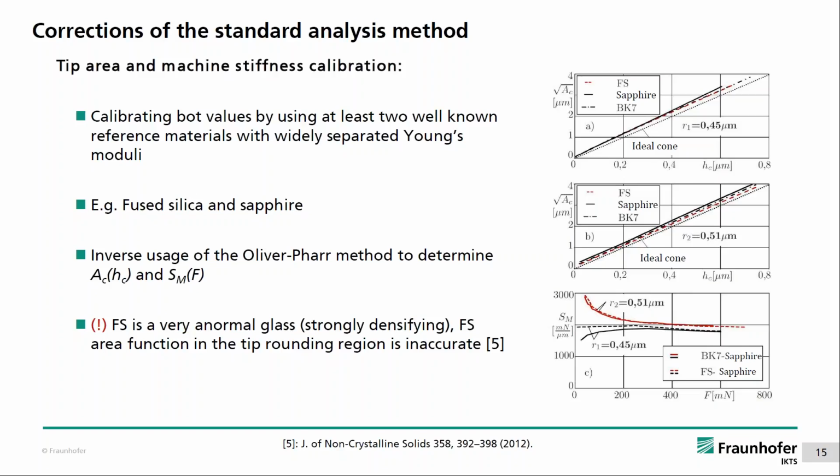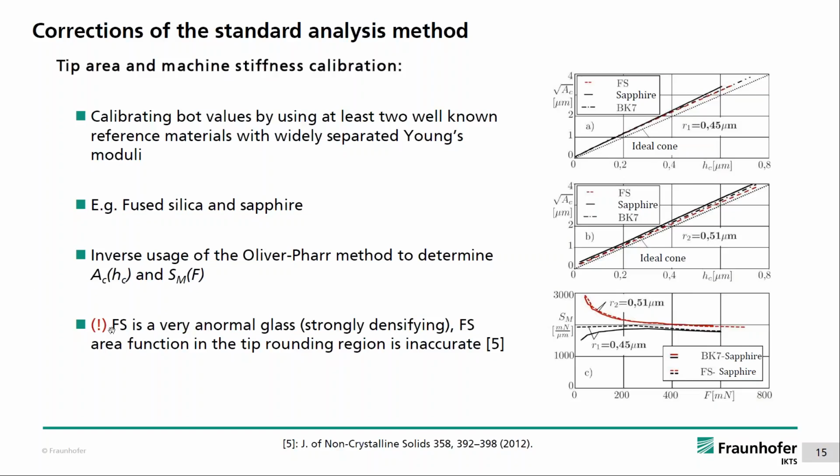But you determine this area function with one tip, so the difference between these two area functions can only come from a non-correct stiffness function. And so if you then fit both area functions together, you can get the stiffness function of the machine.